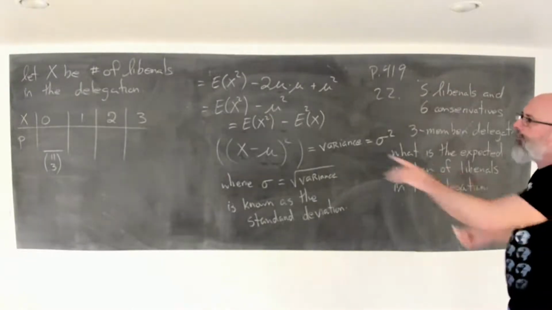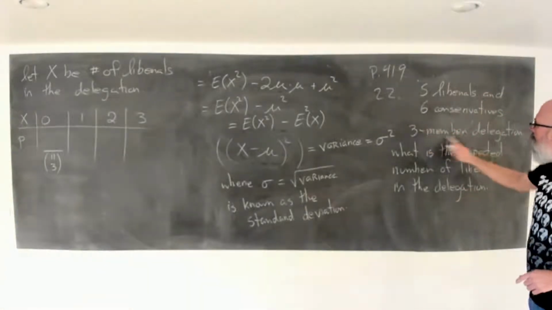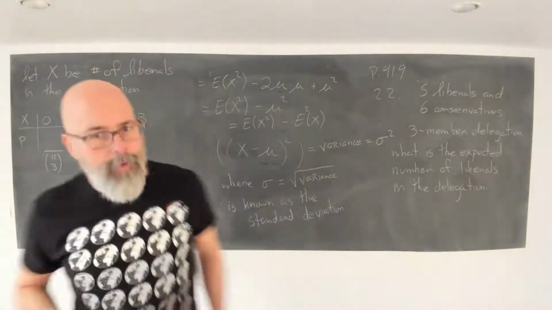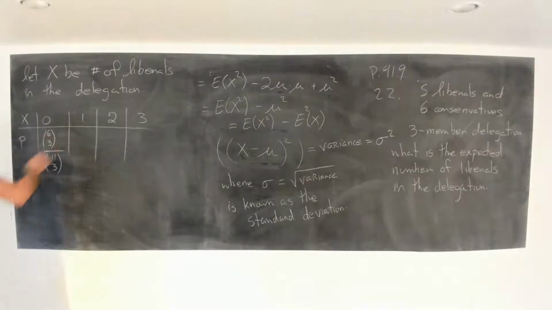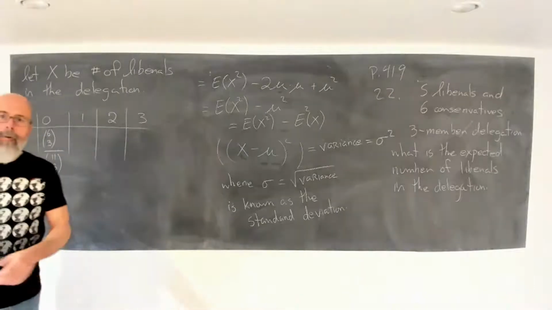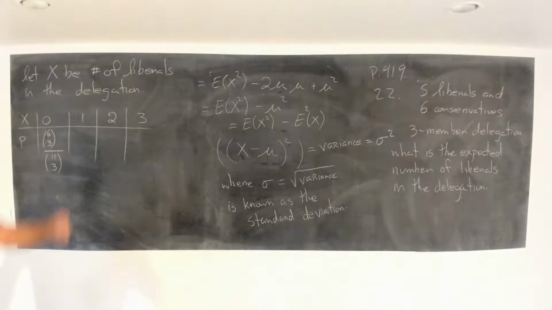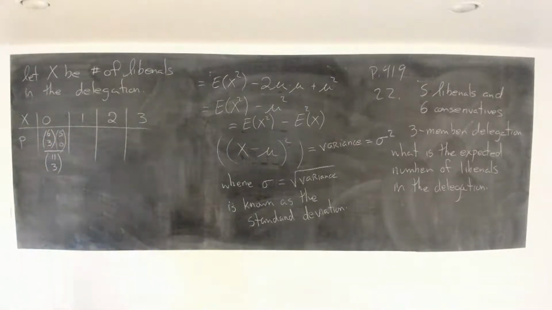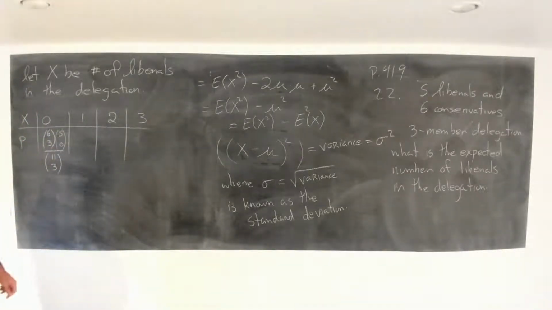Now, what do we want? If there are no liberals in the delegation, that means that the entire delegation is made up of conservatives. So 6 choose 3. You're going to choose the 3 people from the 6 conservatives and 0 from the liberals. If you want, you could throw in a 5 choose 0, meaning no liberals and 3 conservatives.